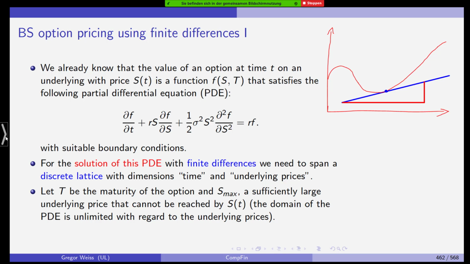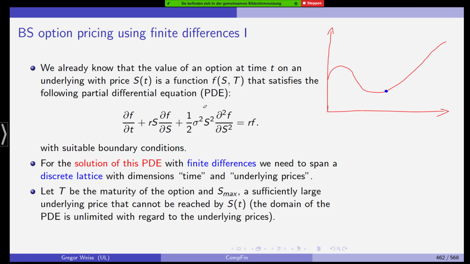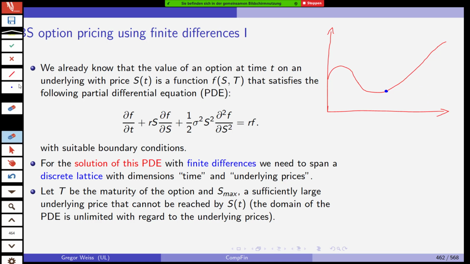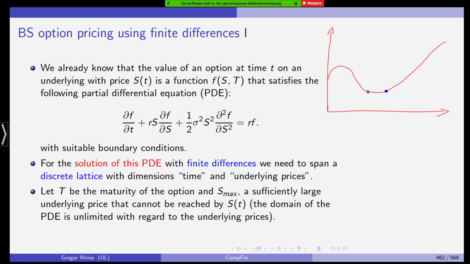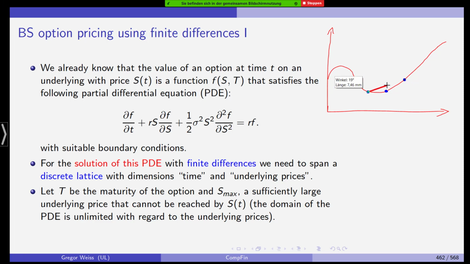Okay, now what could you do if you don't have the blue line? Well, let me just delete this for a second. If we want to approximate this, you could simply do the following. You can take this point, and you can take this point. You take these two function values and combine these two points. Then, obviously, you would have a very coarse approximation to the first derivative in the point in the middle.